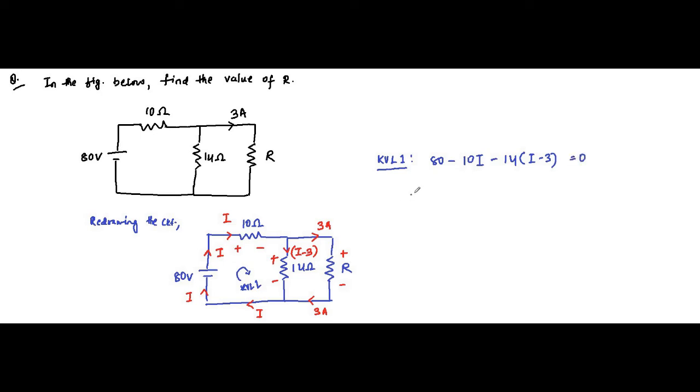That implies 80 minus 10I minus 14I plus 42 equals 0.